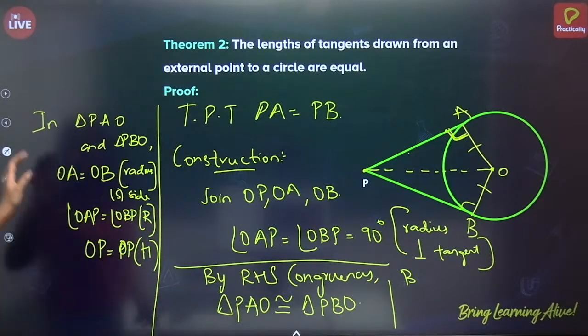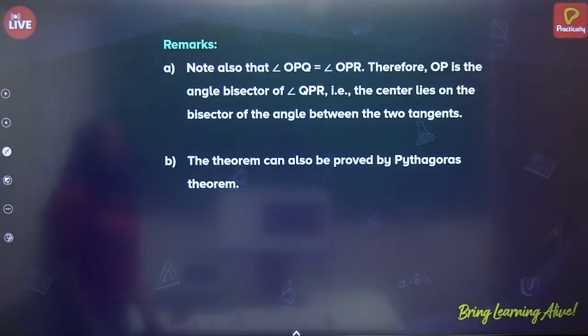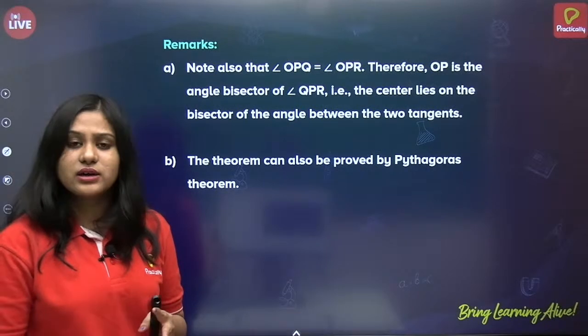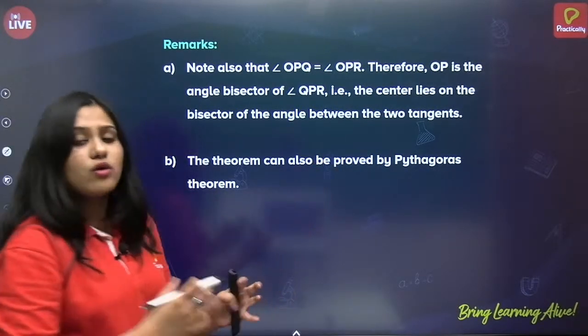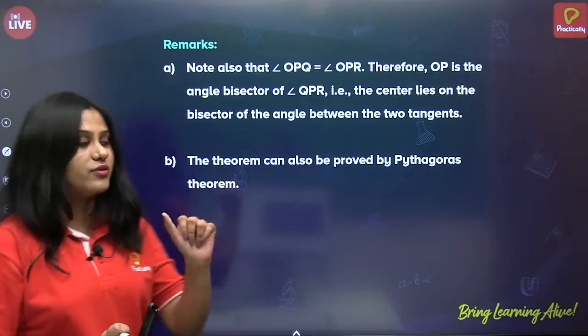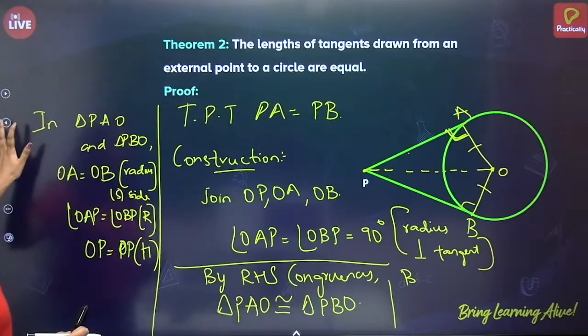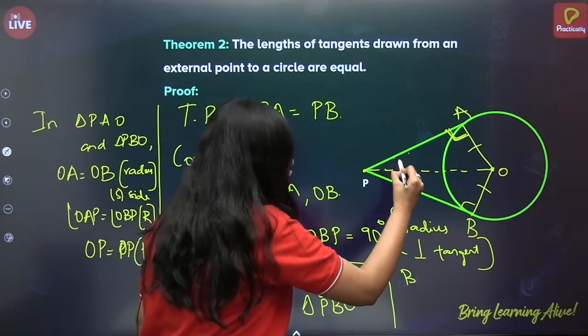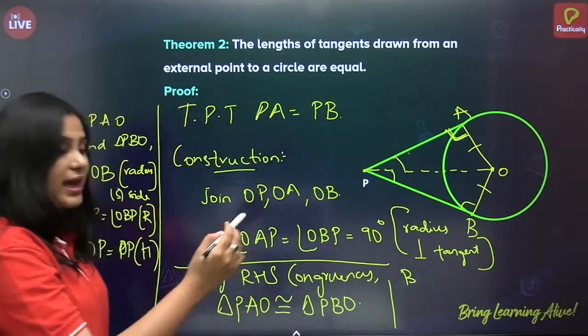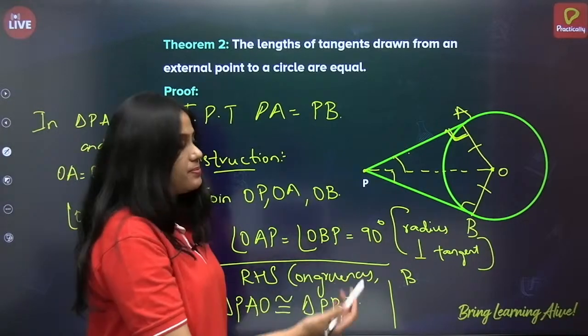Okay. Now, what else did we get from this theorem? We know that by CPCT all corresponding parts will be equal, correct? So can I say that angle OPB is equal to angle OPA? Of course, yes, by CPCT.